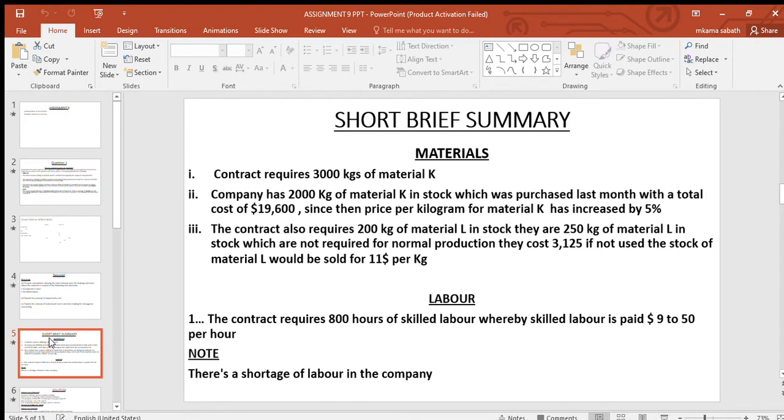I did a short brief summary before I start solving the question. Before I calculate, I have to write some few important notes aside. The contract requires 3,000 kgs of material K. Number 2: the company has 2,000 kg of material K, which was purchased last month for a total cost of 19,600.